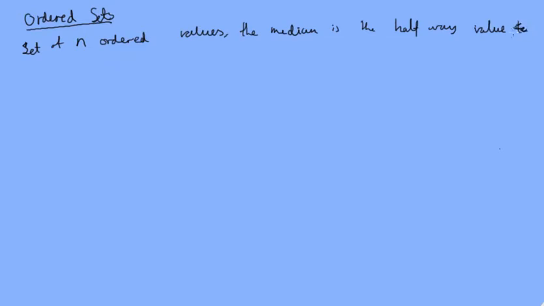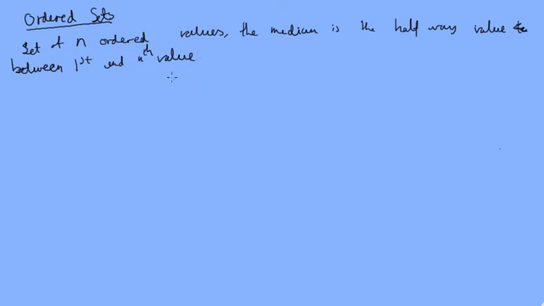So firstly, for ordered sets, if we have a set of n ordered values, the median is the halfway value between the first and nth value.